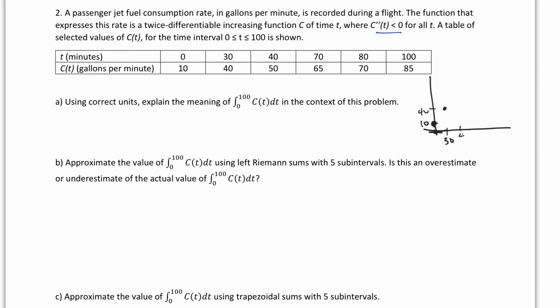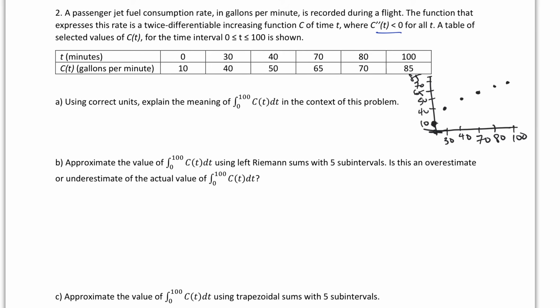Then we come over here at 40, we go up to 50. Then the next value is 70, and I'm going to go up to 65. So 70, 65. The next value is 80, and I'm going to go up to 70. And the next value is 100, and I'm going to go up to 85. Right there. So it looks like that.